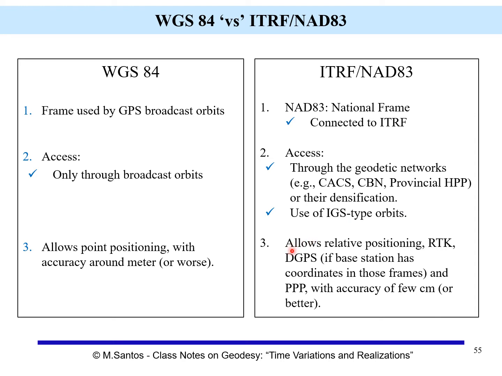What does it allow us to do? It allows relative positioning, RTK, DGPS, if the base station has coordinates in those frames, and precise point positioning, if we are using, of course, these IGS type orbits, with accuracy of a few centimeters or better.